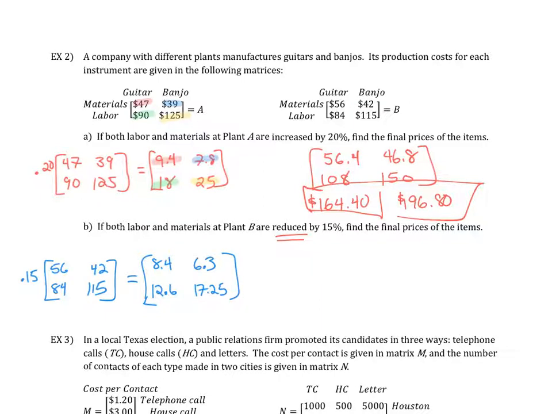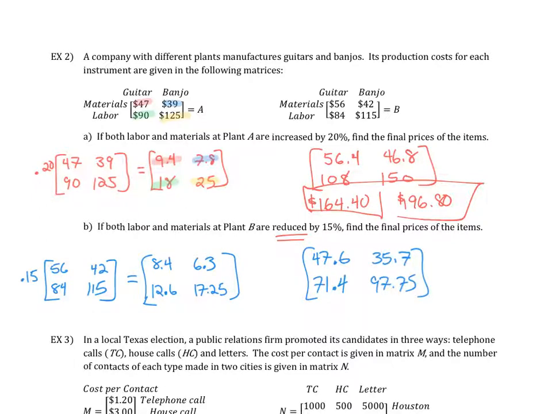And when you do that, it would be 56 minus 8.4, and that would be the new materials cost for the guitar. And then 42 minus 6.3 would be the new materials cost for the banjo. So we're going to subtract this matrix from B to get a new matrix that looks like this. Now this represents the new material cost for guitar, new material cost for banjo, the new labor cost for guitar, and the new labor cost for banjo.